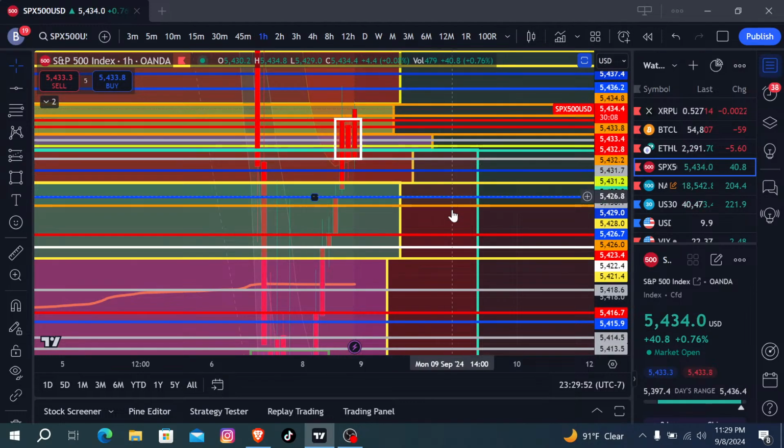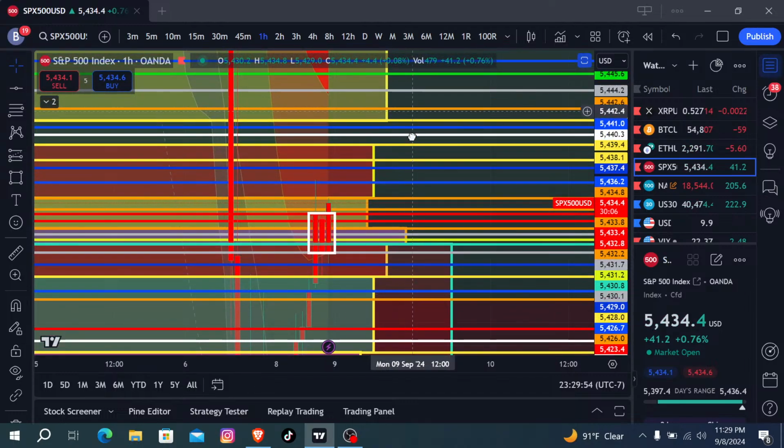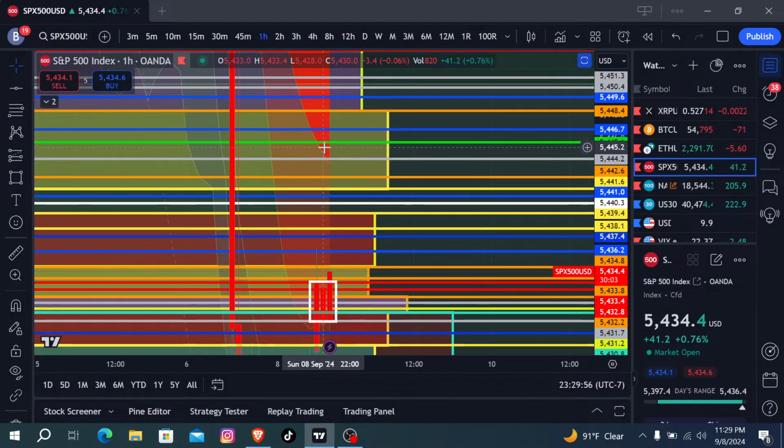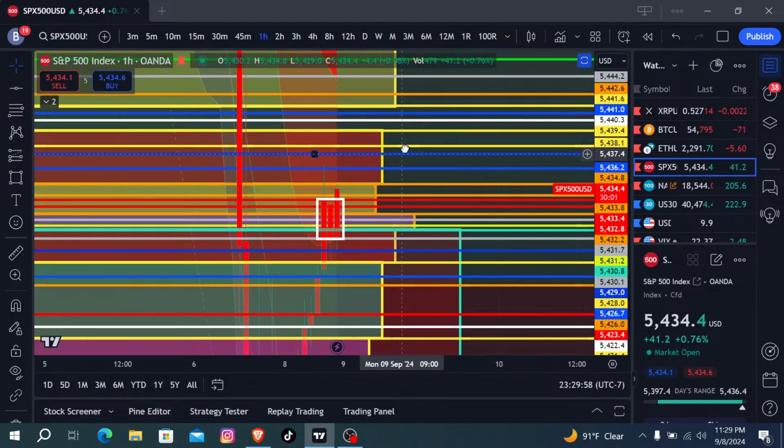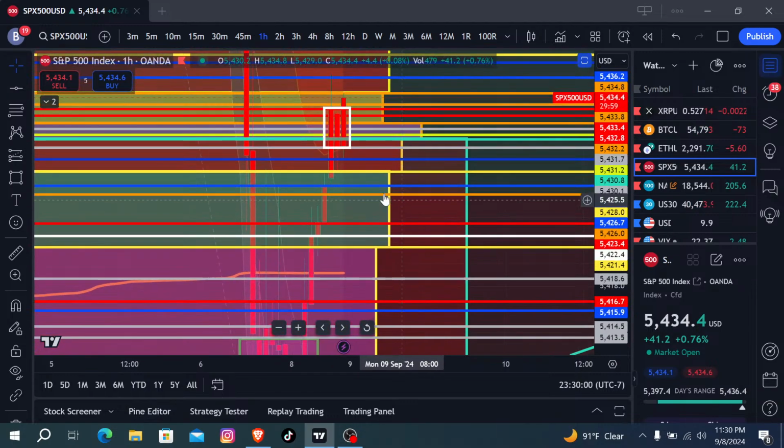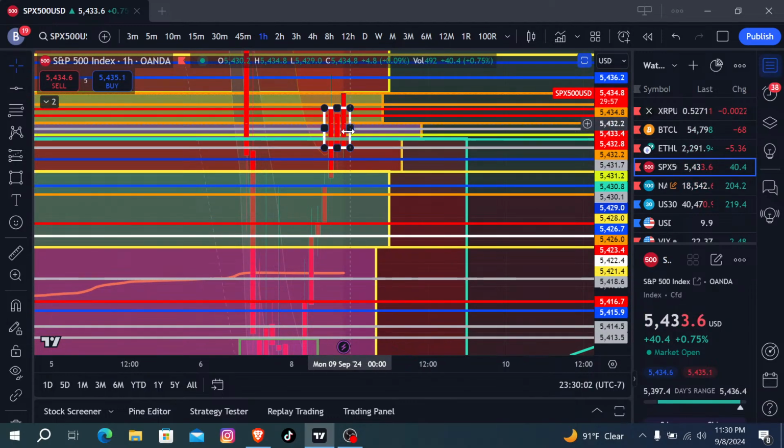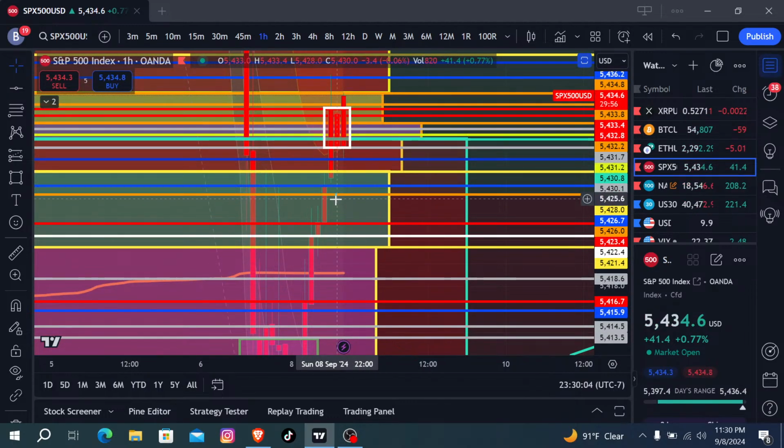the market is gonna either close here at 2 in the morning, or close somewhere in here, and then from there retrace on down.